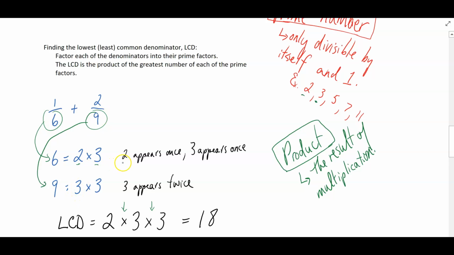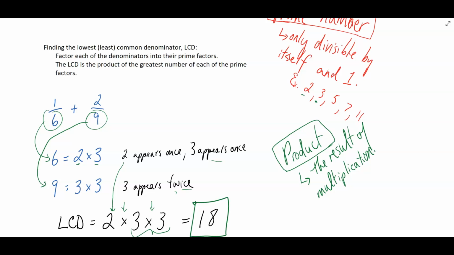So we will use that 2 once. 3 appears once in the first one, but twice in the second. That is the greatest number, twice. So we will have 2 of them there. And when we multiply those together, we get the lowest common denominator of 6 and 9.